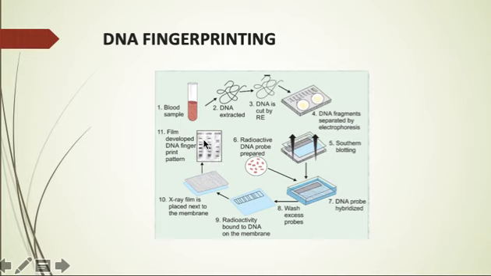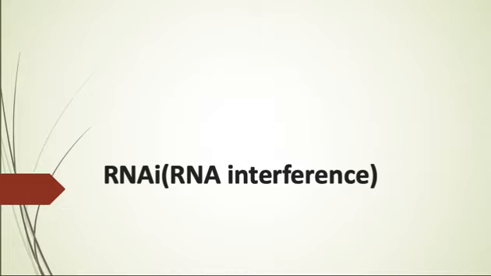Okay, so this is the whole process of DNA fingerprinting. DNA fingerprinting also comes as a short note, so please write in detail the theory part and also the flowchart, which makes it much easier to explain the whole process of DNA fingerprinting.